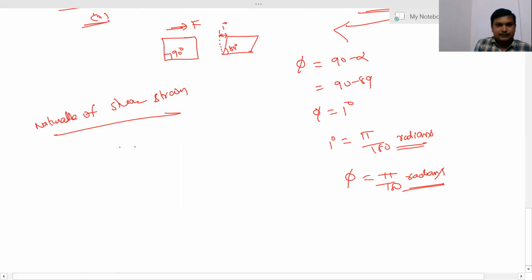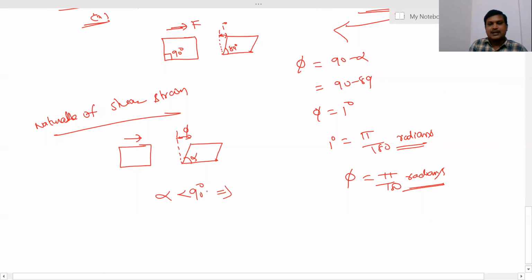For example, when you are applying the force, this is alpha and this is phi. Here alpha is less than 90 degrees. When alpha is less than 90 degrees, the shear strain is positive.